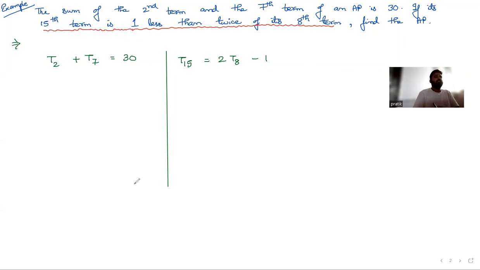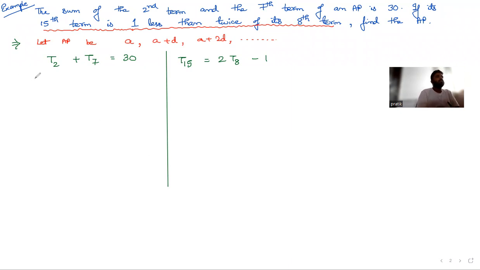So let's assume the AP to be a, a plus d, a plus 2d, and goes on. So you have assumed the first term to be a and the common difference to be d. This is our basic assumption.